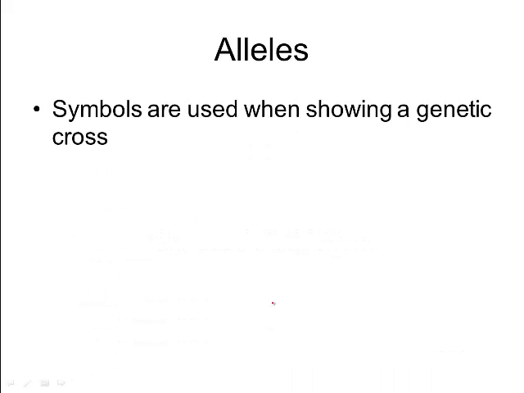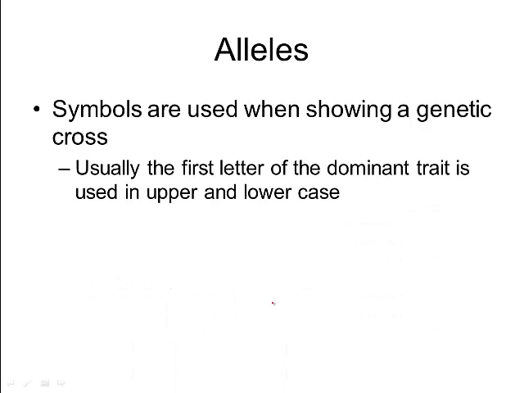Now when we talk about alleles, we actually use symbols, so that when we do genetic crosses like Punnett squares, we can make it a lot easier for ourselves. Usually the symbol that we use is the first letter of the dominant trait, in either upper or lower case. If it's the dominant, it'll be in upper, and if you're talking about the recessive allele, it'll be in lower.